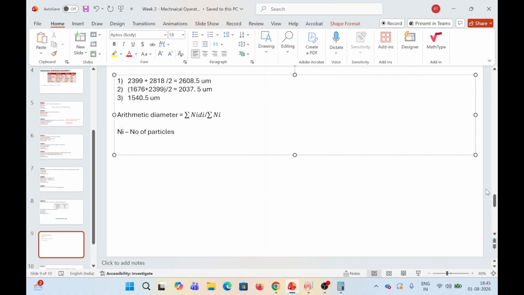So now we need to know how to calculate the value of Ni. Can I write Ni as Mi, that is your mass fraction, divided by Di, that is your average particle diameter, whole cube? Can I write it this way?